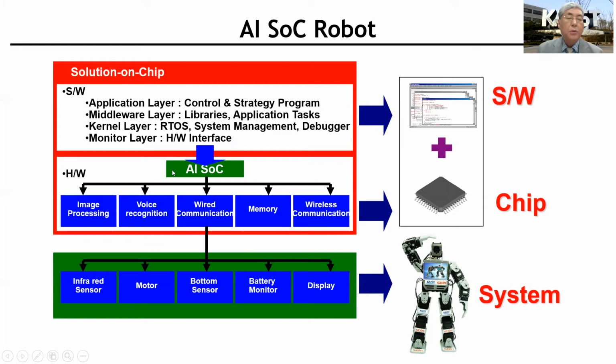And AI SoC has hardware functions of image processing and voice recognition, and wired and wireless communication with many memories, to control the robot body, which has IR sensor and motor and bottom sensor and battery monitor and display.